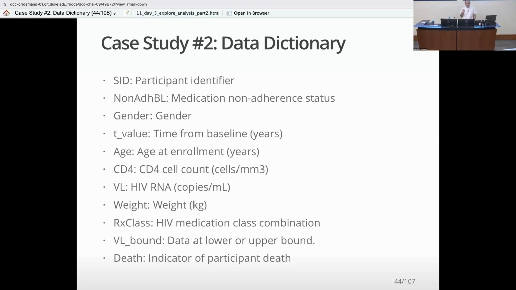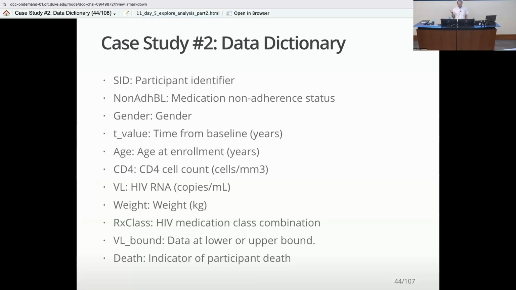Sometimes they are in the order that the participant was enrolled. There are several here that I think are tricky and we could call different ways. So medication adherence, non-adherent status. Categorical. Anyone disagree? Someone says SID would be a nominal, even if the values are numbers.